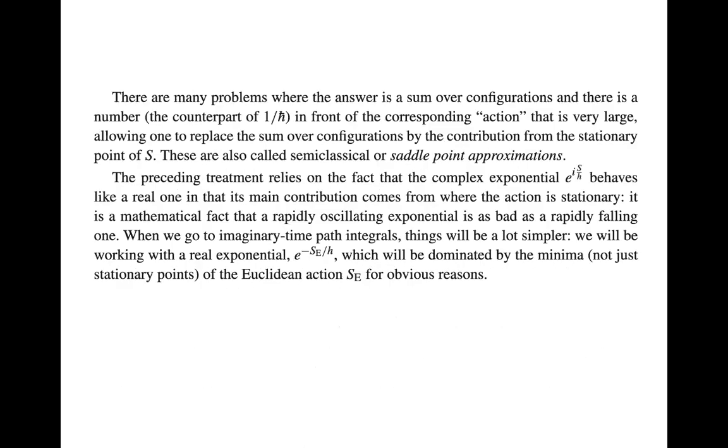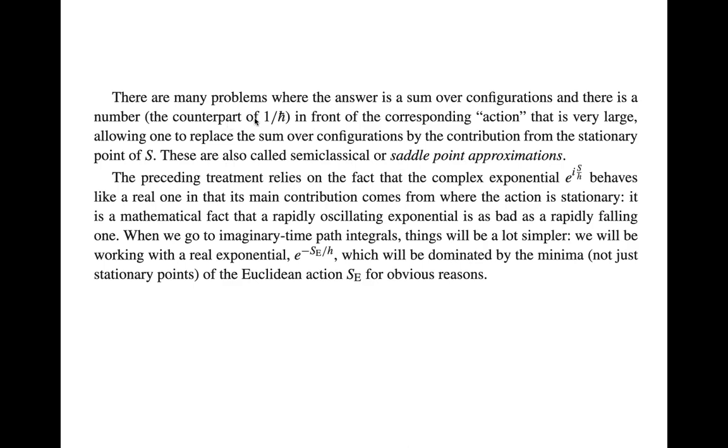So there are many problems where the answer is the sum of all configurations, and there is a number, which is the counterpart of 1 over h bar in front of the corresponding action, that is very large, allowing one to replace the sum over configurations by the contribution from the stationary point of the action. So these are also called the semi-classical or saddle point approximation, right?